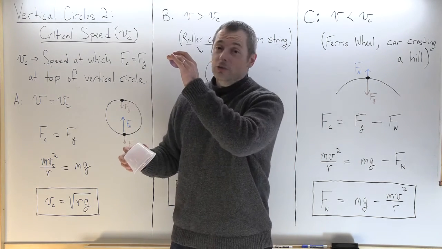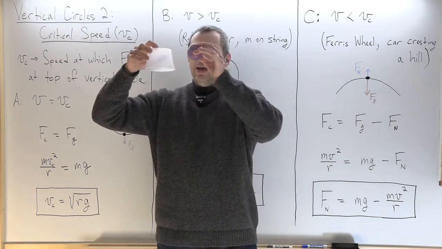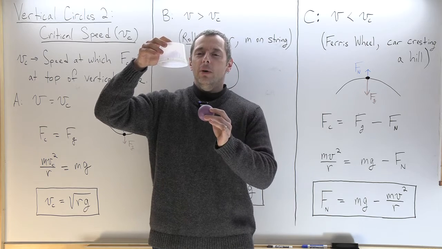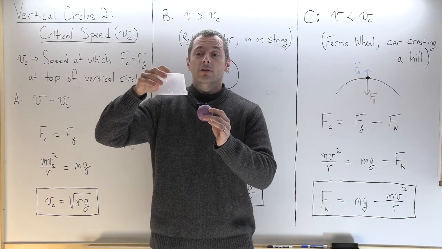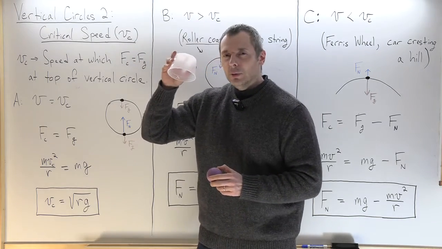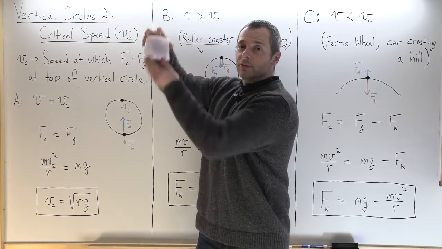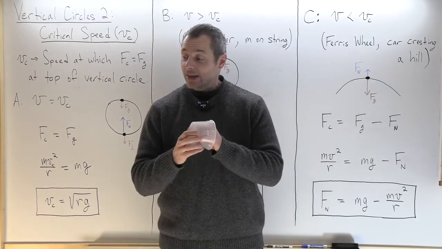The ball accelerates at 9.8. Maybe I make this accelerate at 4. So now what's happening is this falls this amount and the cup only goes this far. So it's kind of like racing ahead. However, if I make this cup accelerate at more than 9.8, then the ball stays in the cup.